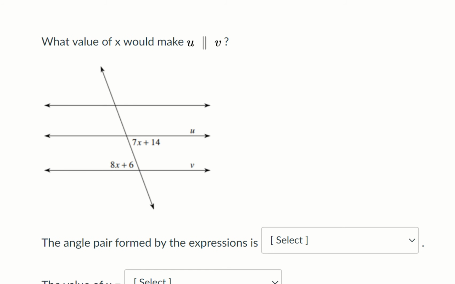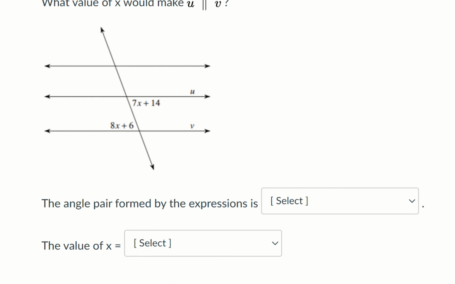All right, next one. What value of x would make u parallel to v? So we want these to be parallel. And so if we want them to be parallel, well, these are alternate interior angles. Okay, so the angle pair here is alternate interior angles because this is my sandwich, and if you think about it as a little sandwich, and then this is my toothpick or whatever you want to call it, whatever cuts through that sandwich, and then they're on opposite sides, right?